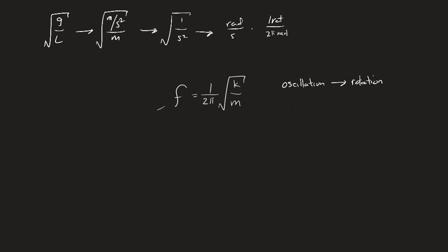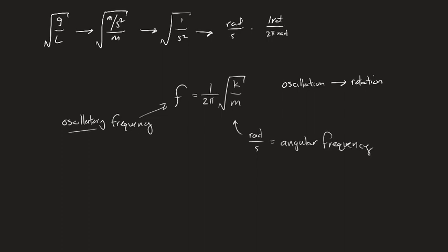I said when we first defined this that this was the oscillatory frequency. That's what I called it. This is in radians per second. It is the angular frequency. One's about oscillations, one's in angles. We divide the angular frequency by 2 pi to get the oscillatory frequency. That's why this will be in hertz, with our oscillations per second.